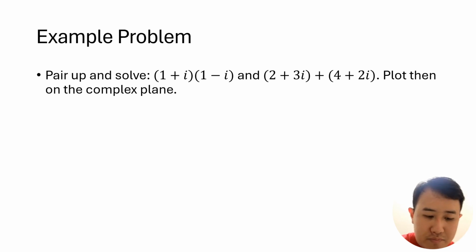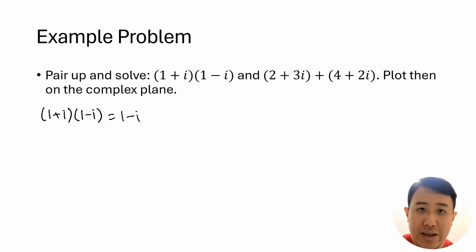What we do here, first we write the problem, and then we multiply 1 with 1 and minus i. So it becomes 1 minus i. And then we multiply i with 1 minus i.